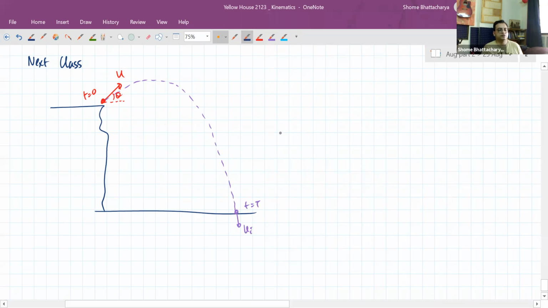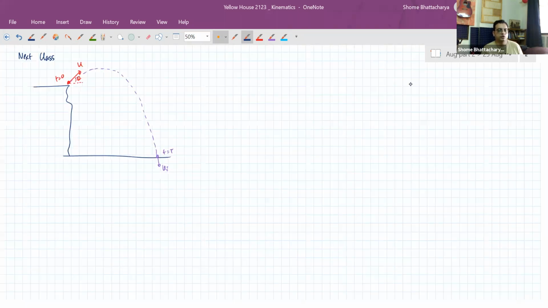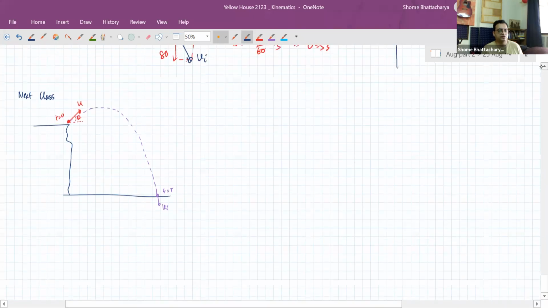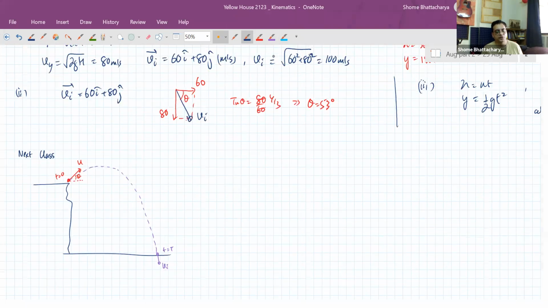So we look at this kind of situation, and then after that we will look at more problems and applications of projectile motion before moving on to the final part of kinematics after that, which will be relative motion.